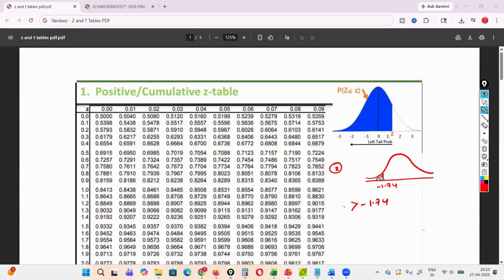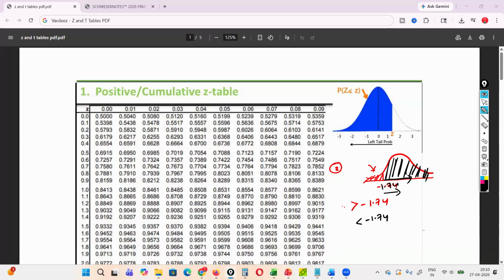That means we had to find this area and we just found it. Now, there could be another scenario. You want to find greater than 1.74. Essentially, you want to find this area towards the right of 1.74. So obviously it is towards the right. So this entire area, you want to find that.